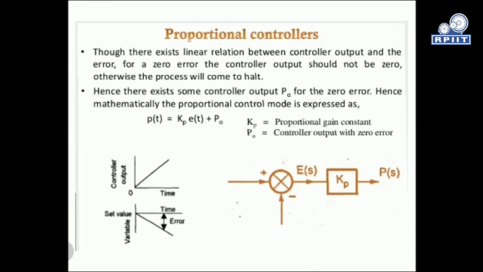There exists a linear relation between the controller output and the error. We already studied that p(t) is directly proportional to e(t). And for a zero error, the controller output should not be zero. Here is the output and time relationship.